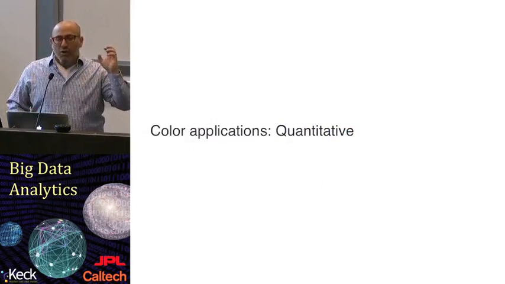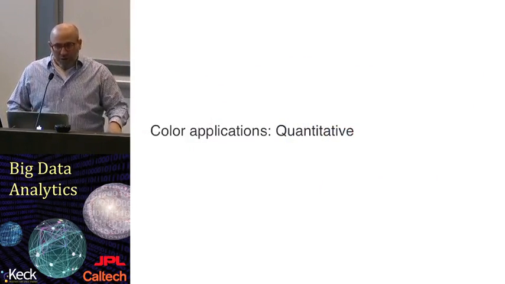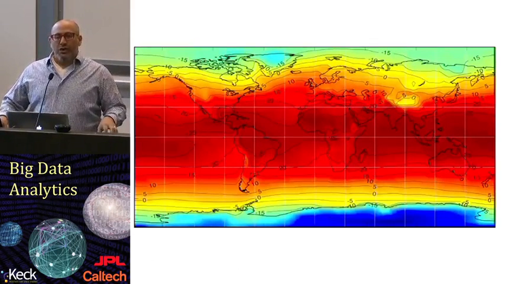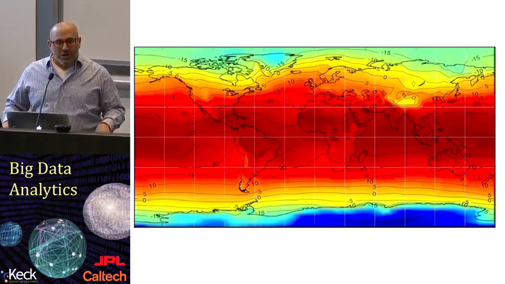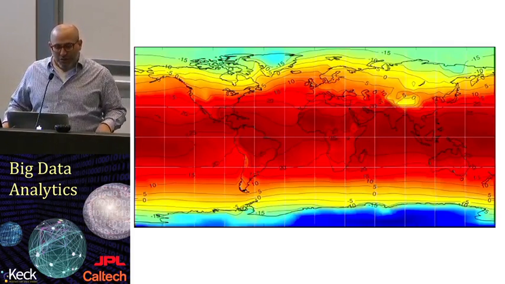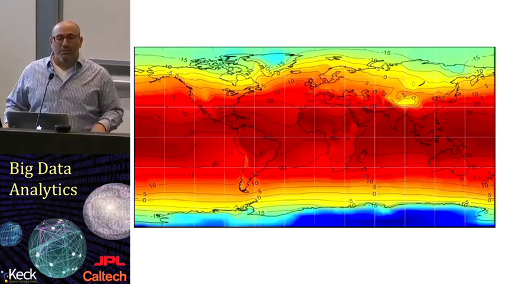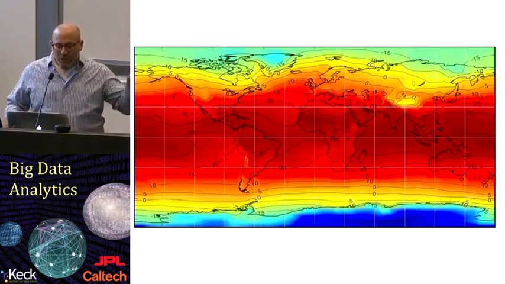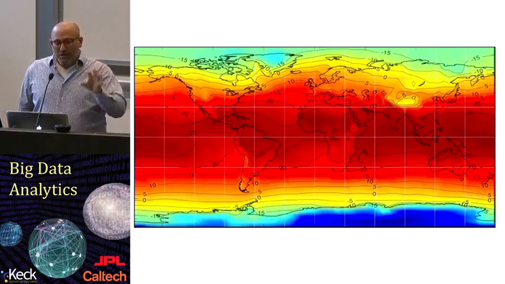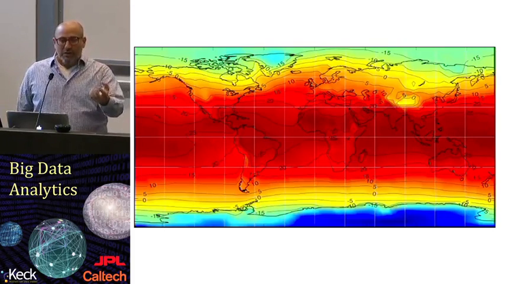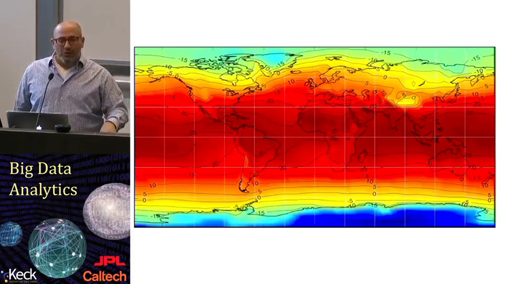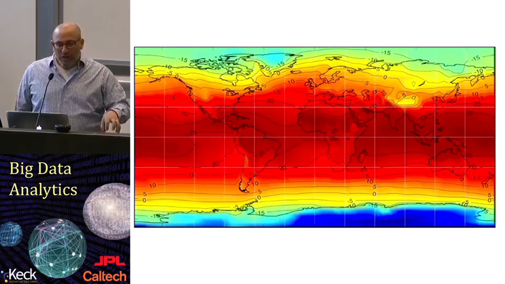But if we look at quantitative uses of color, this is where you most often see mistakes in earth science data visualizations. So here, what you have is an example of global average temperature, and it's rendered from blue to red. Now, there are a number of reasons based on what we just learned about color that describe why this is not the best mapping.